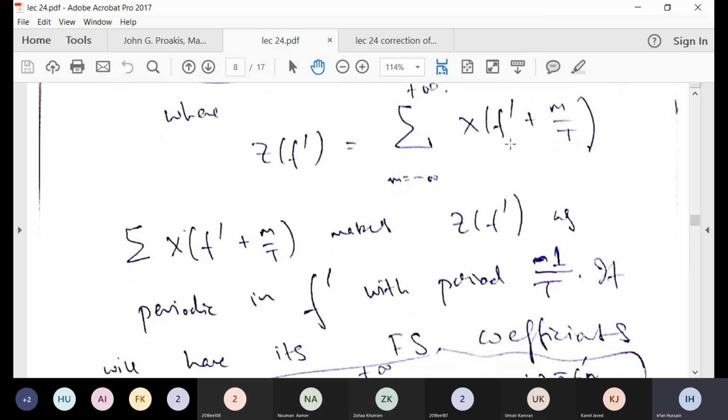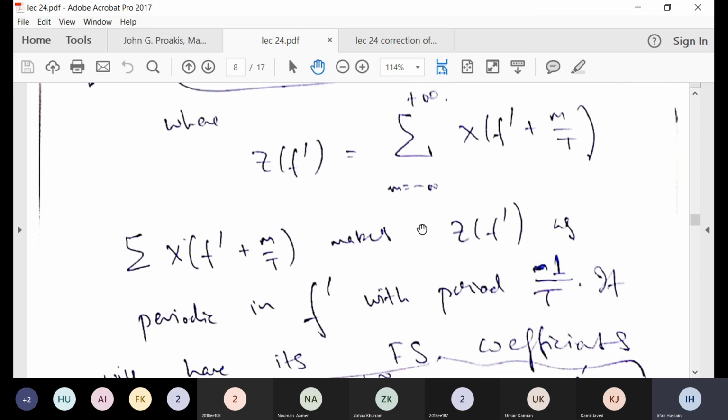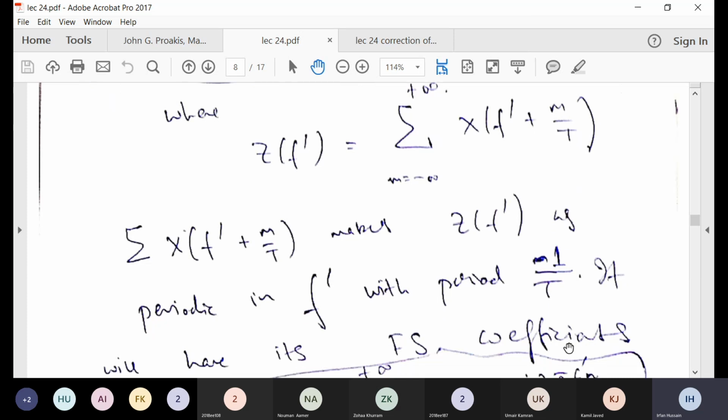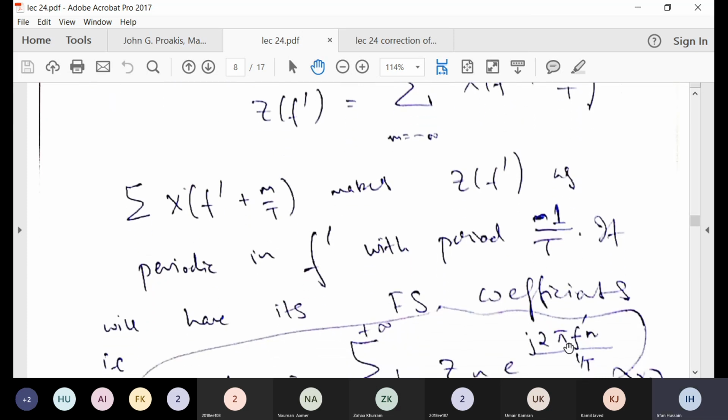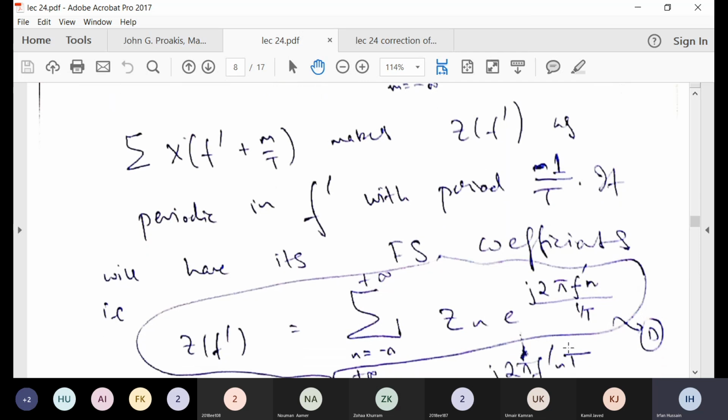Z(f dash) is actually X(f dash), but it is a periodic extension of X(f dash) by 1 over T. So the time period of Z(f dash) will be 1 over T. It is just X(f dash) in one time period, and another time period is just repeated here, 1 over T. So if Z(f dash) is X(f dash) with period 1 over T, this means it is periodic, and as a periodic signal we have Fourier series coefficients.